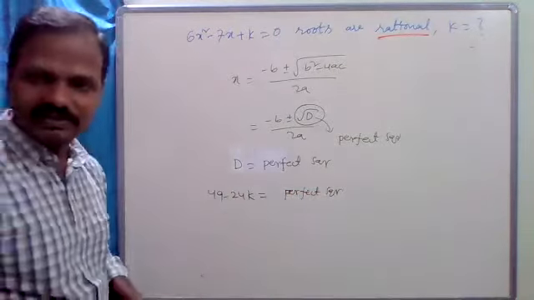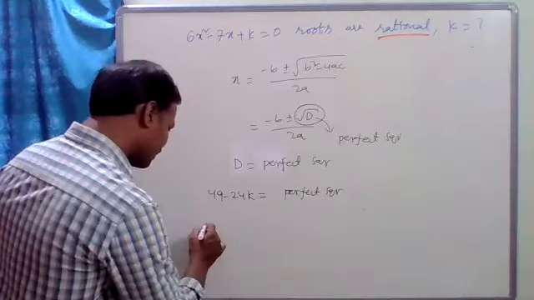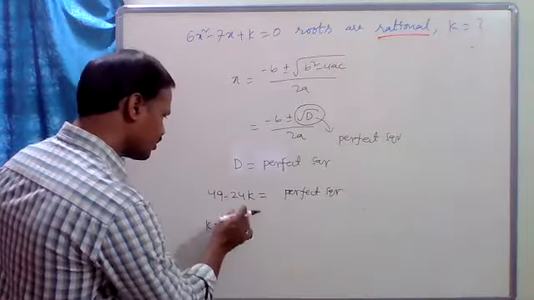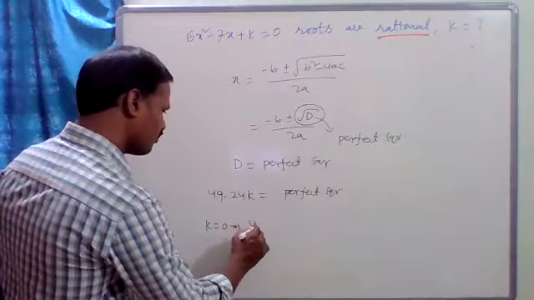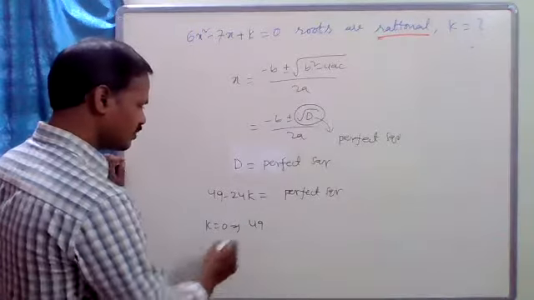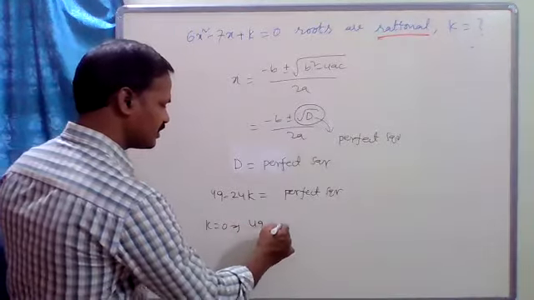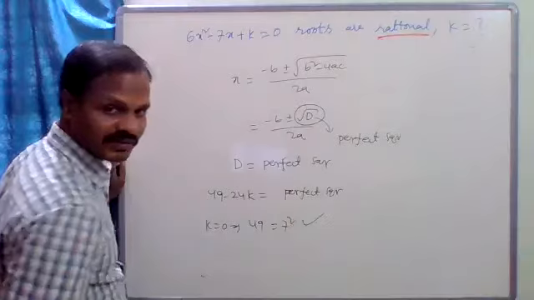So when will it be a perfect square? Let k equal 0. Then the value is 49, which is 7². Yes, it is a perfect square.